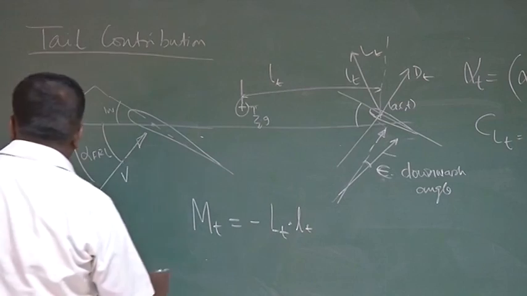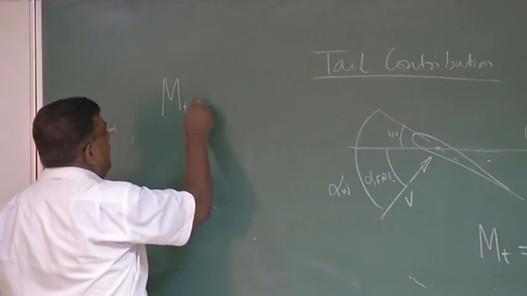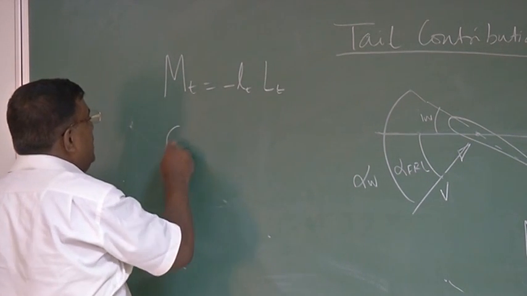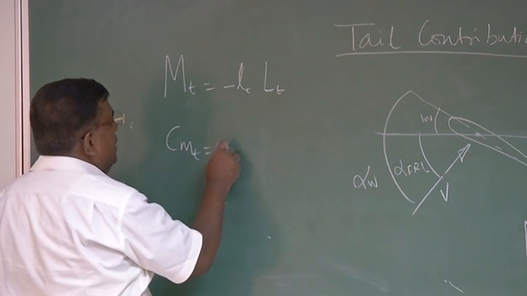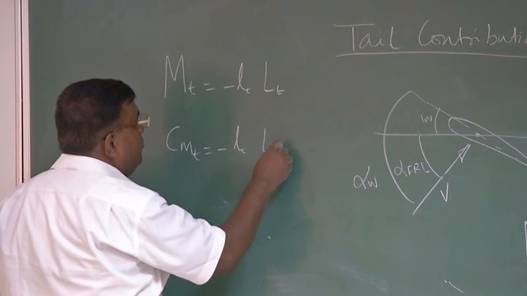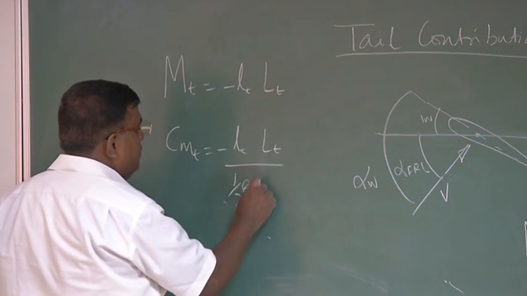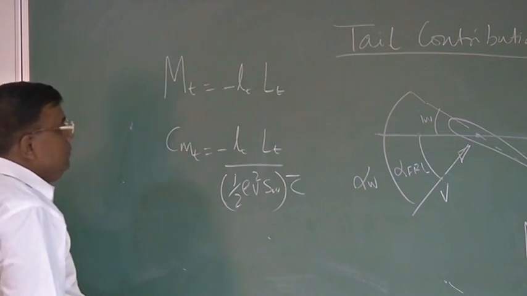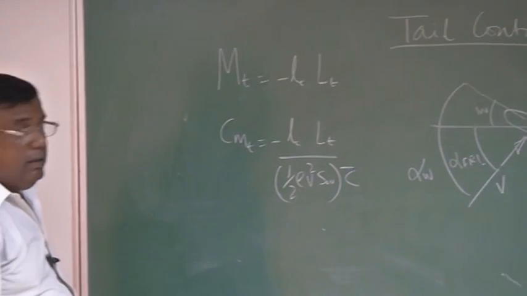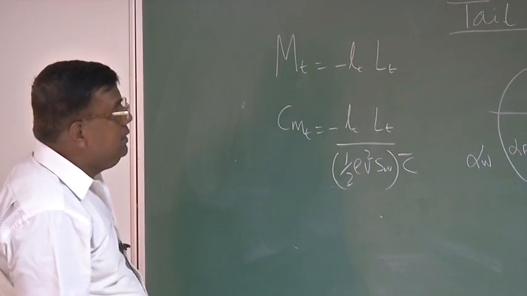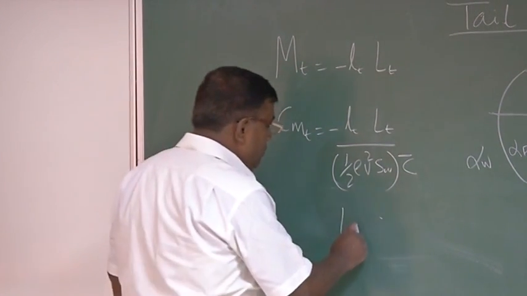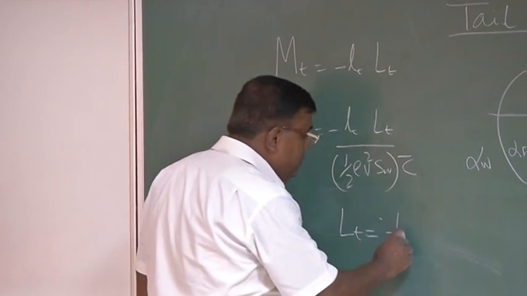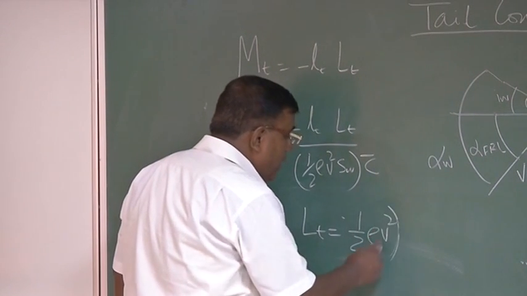So from the moment MT, let's say small lt into capital LT. If I want to come to CMT, I am now an expert. I write lt into LT by half rho V square SW into C bar. So that will be my CMT. And what will be my LT? Lift at the tail will be what? That will be half rho V square.